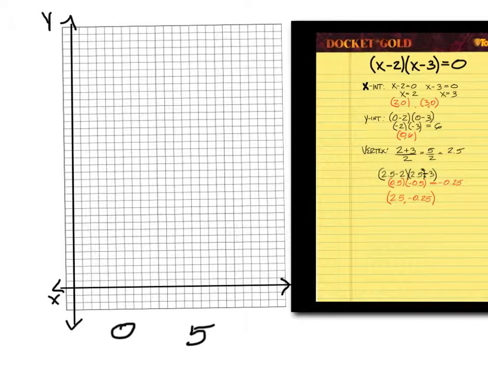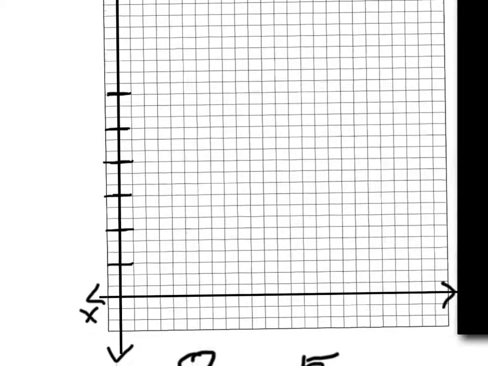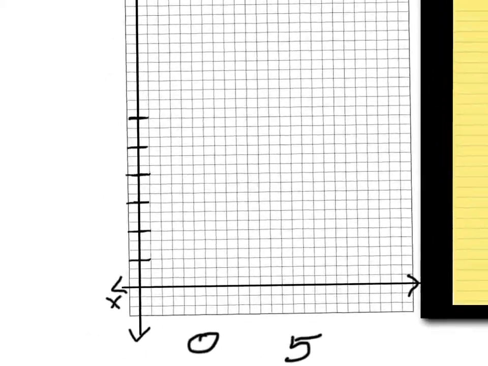Okay, but now our range, we're going from negative 0.25 up to 6. I think we might be able to skip at least 3 on these going on the y-axis. So we'll go 1, 2, 3, 4, 5, 6. Could we have gone 4? Yeah, we still have plenty of room.